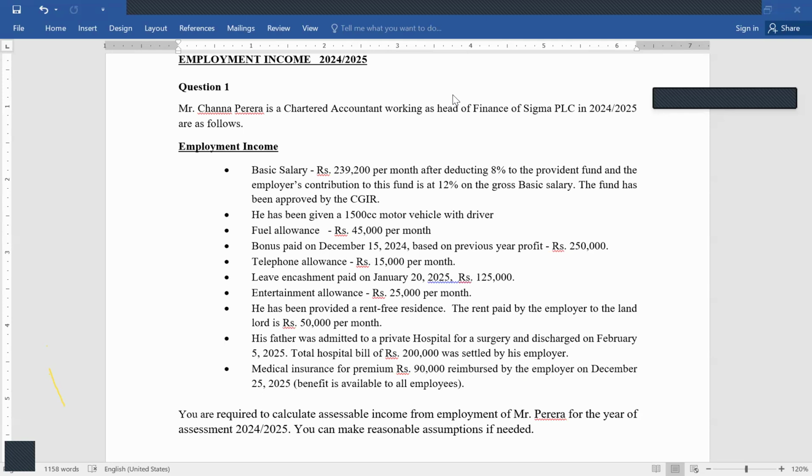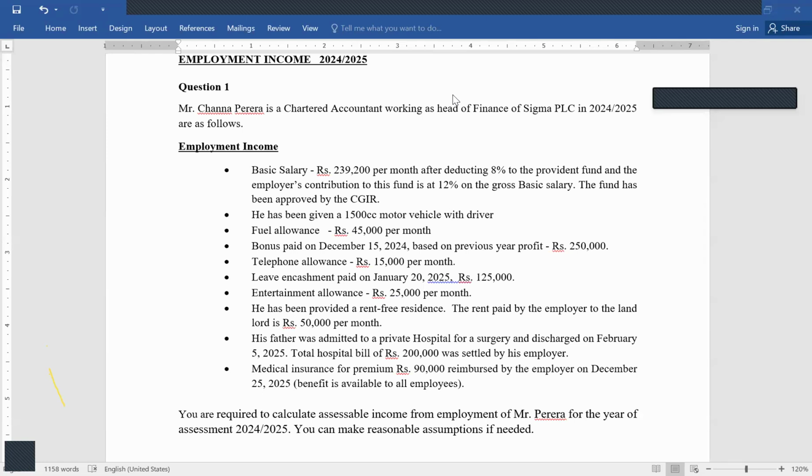Which amount is lower? It says we can consider the lower amount where the value specified in 2A, the table above, exceeds the cost incurred by the employer.